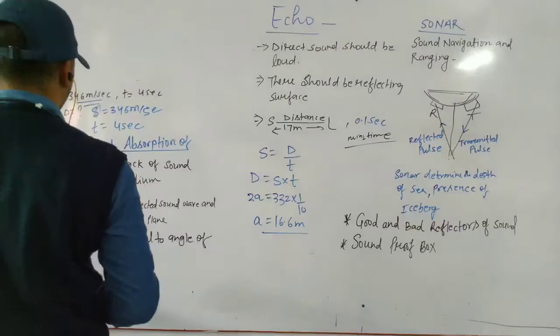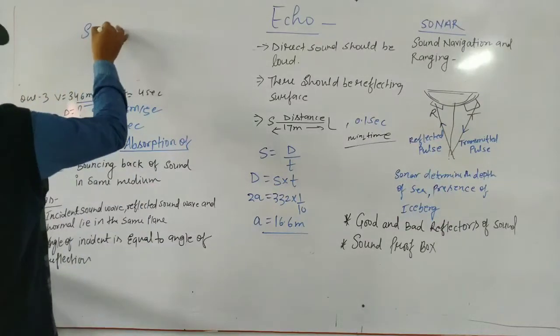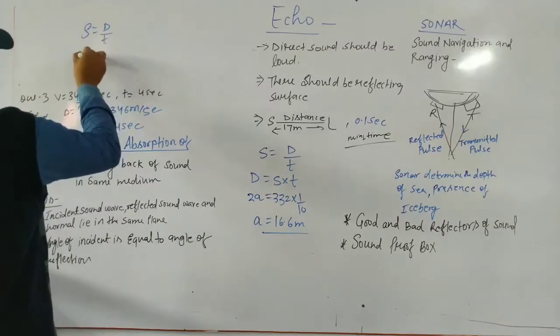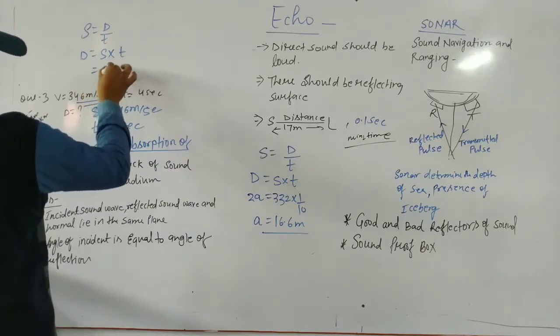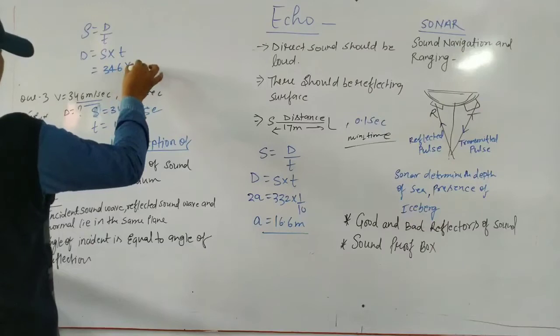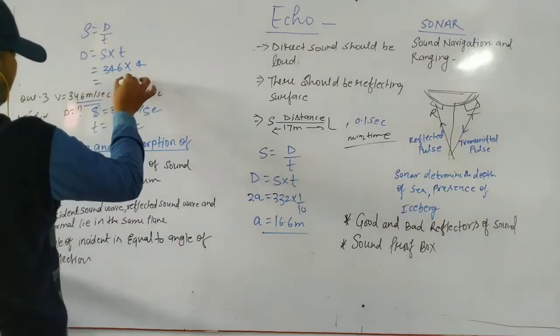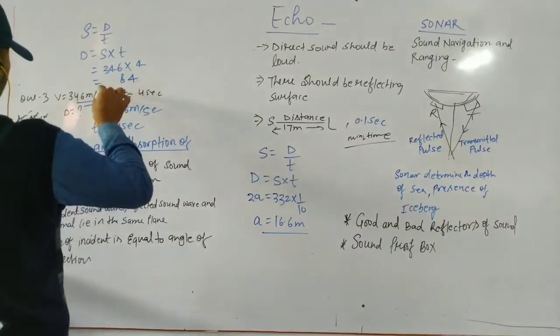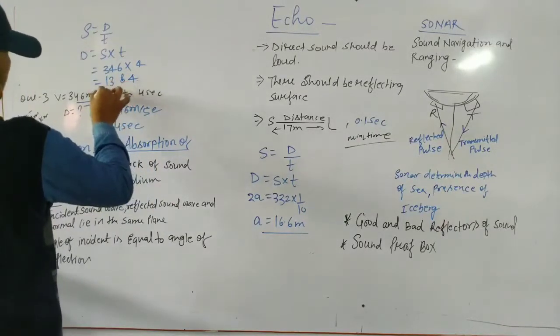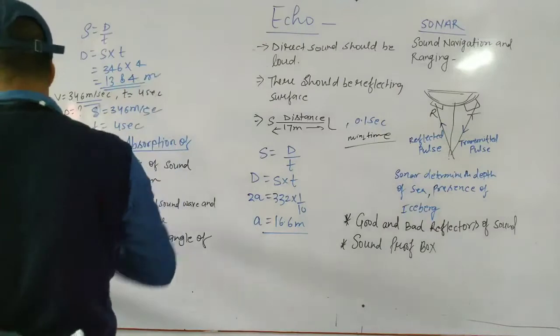And what we have to find? Distance. So speed is equal to distance upon time, so distance is equal to speed into time. 346 into 4: 4 times 6 is 24, 4 times 4 is 16 plus 2 is 18... so 1384 meter will be the distance.